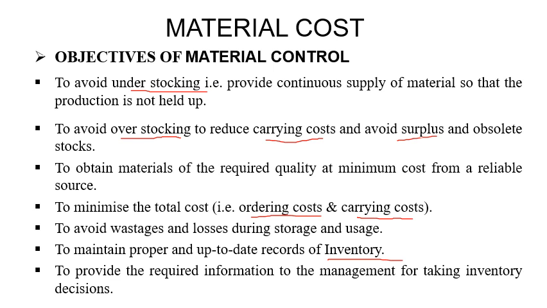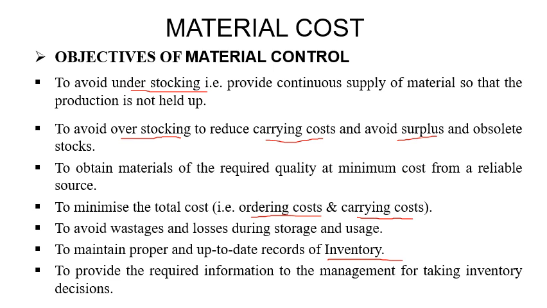Clear? So provide the required information to management for taking inventory decisions. Maintaining proper or updated records of inventories gives the required information to management for taking inventory decisions. So these are the basic requirements that give rise to the need for material control.